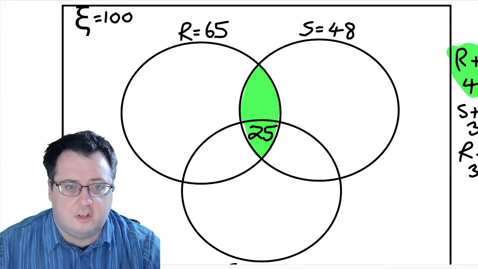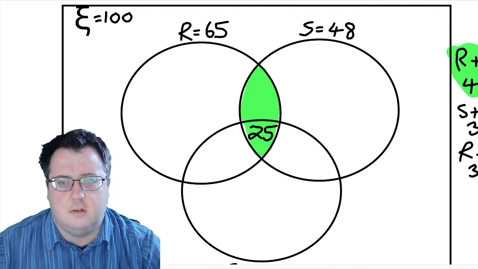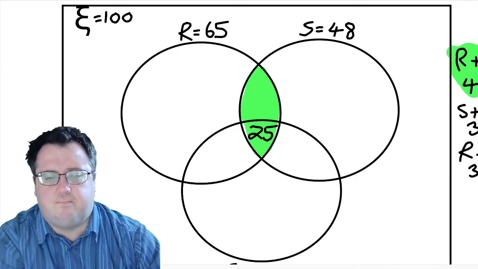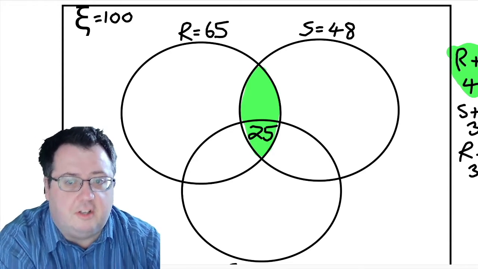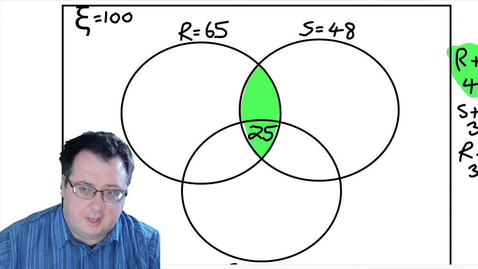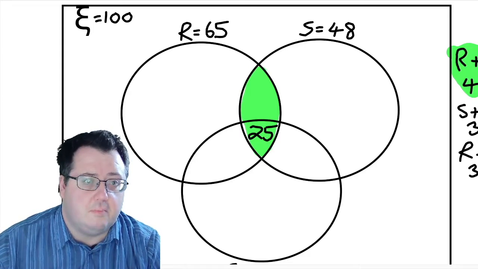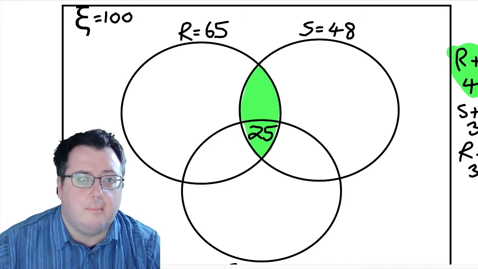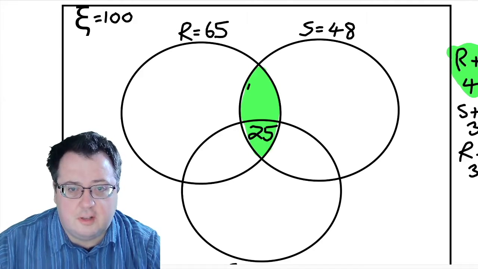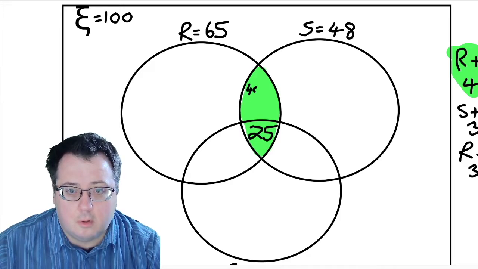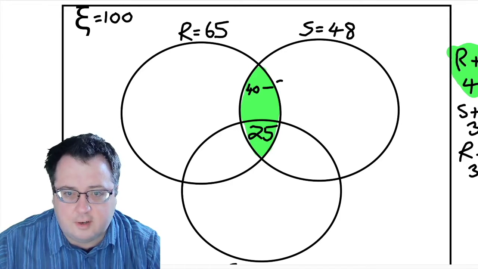So if you look at the circles for running and swimming, that is the piece that overlaps between running and swimming. So the total in that highlighted section must be 40, which means I can now fill in the gap. Get my pen again. 40 subtract 25 gives me 15.